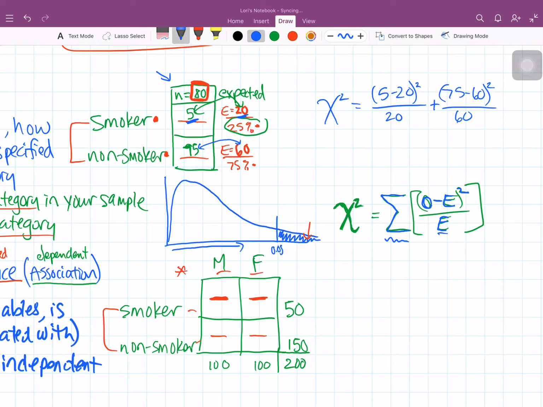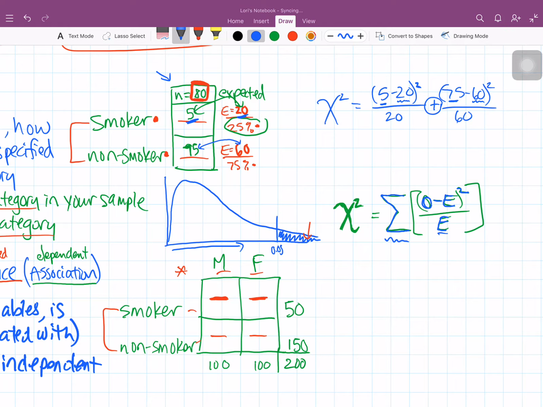And the important part of the squaring is that one thing you'll notice is sometimes the observed value is less, and sometimes the observed value is more than the expected value was. And so by squaring it, we get rid of the negative and the positive, so that when we add them all together, we're really adding up the magnitude of those differences, rather than having them play against each other.